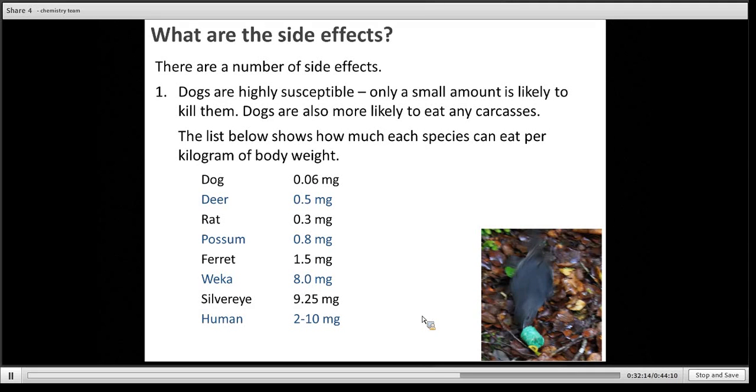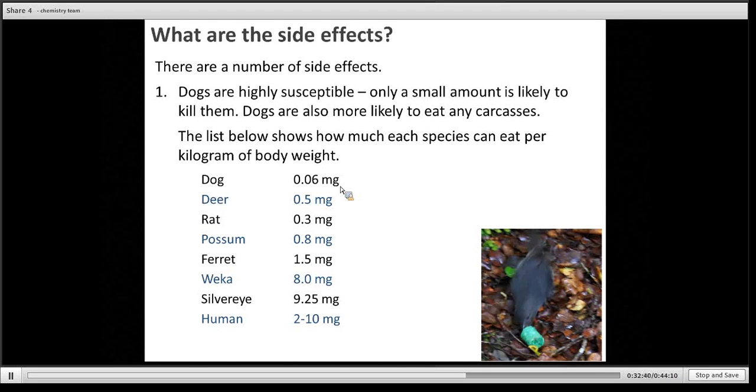There are other creatures as well, and one of the major problems is dogs, because dogs are very susceptible to sodium fluoroacetate. Notice that they only need 0.06 of a milligram per kilogram of their body weight. So they don't need much, and they can die from it.